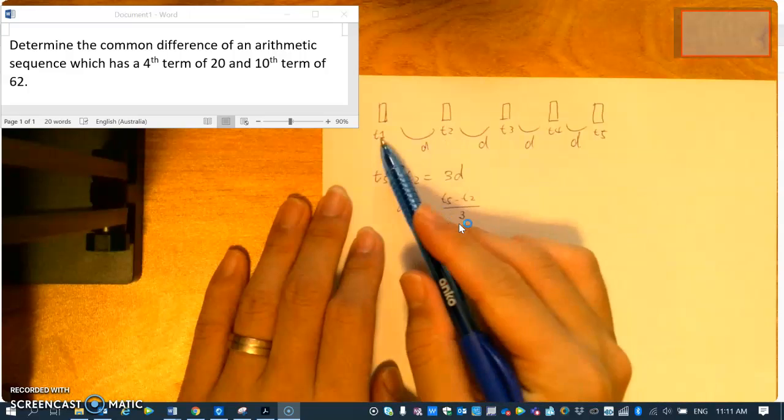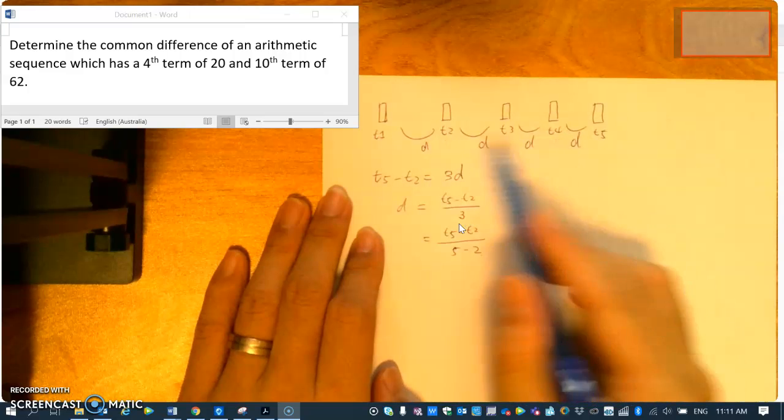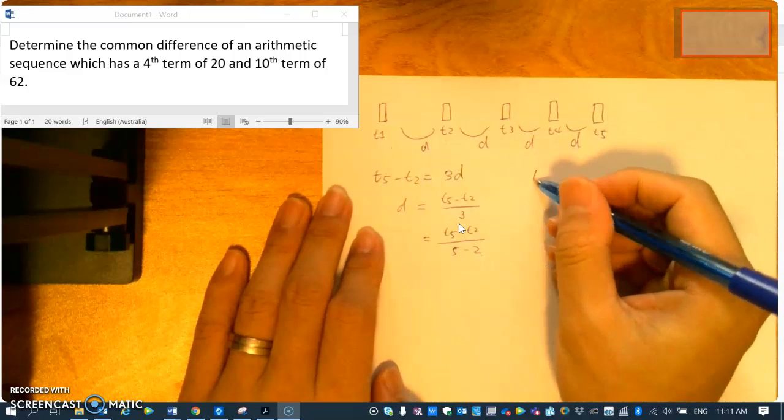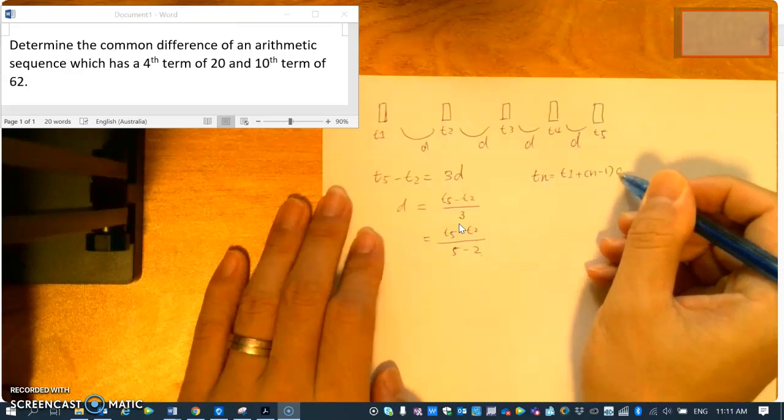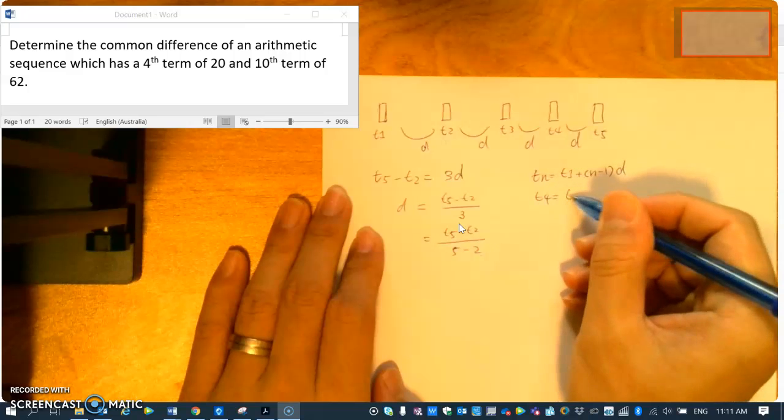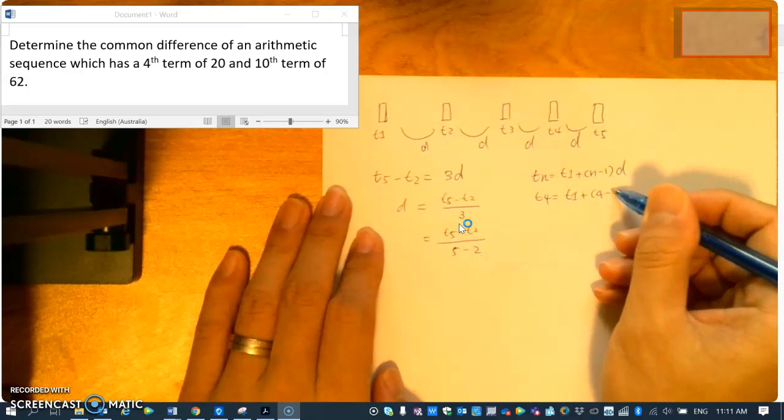Let's say we consider from term 1 to term 4. Now based on the formula Tn equals T1 plus (n minus 1)d, T4 is going to be T1 plus (4 minus 1)d.